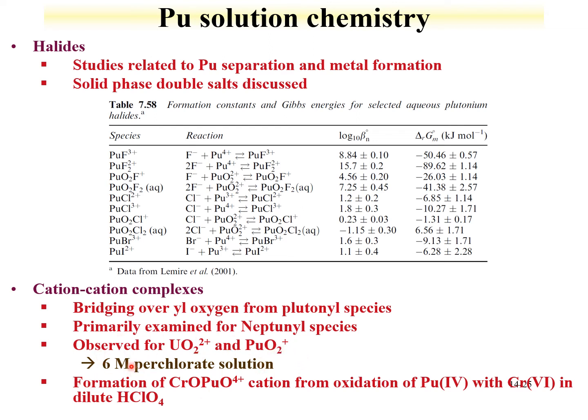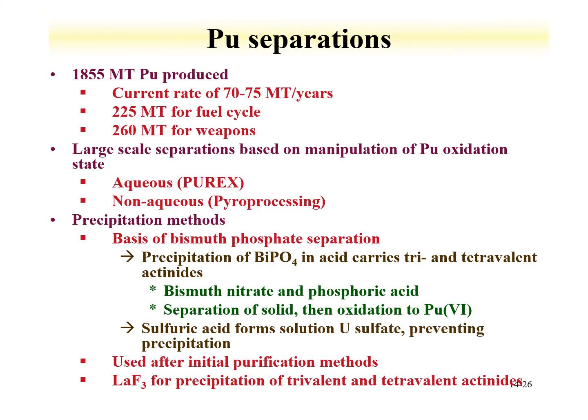The reason you want the 6 molar perchloric solution, the perchlorates are not coordinating. So this is a relatively weak complex, but if we have a solution where the ligand is weaker, we can form the compound where the plutonyl oxygen coordinates to the metal center on the uranyl.